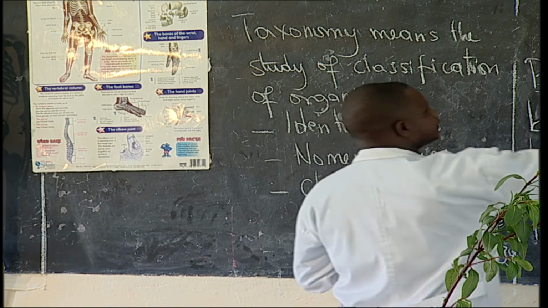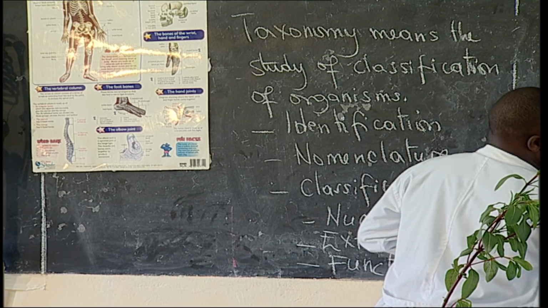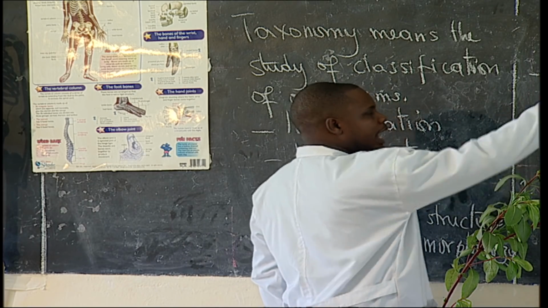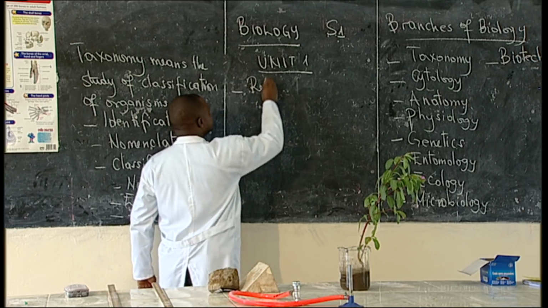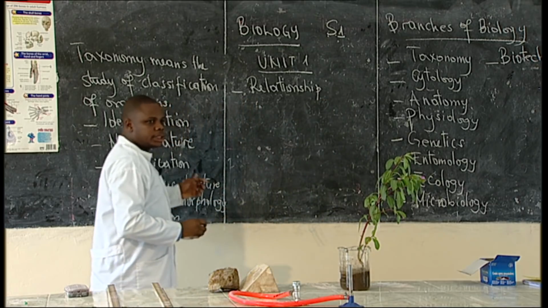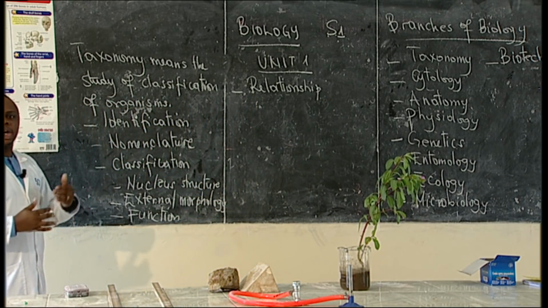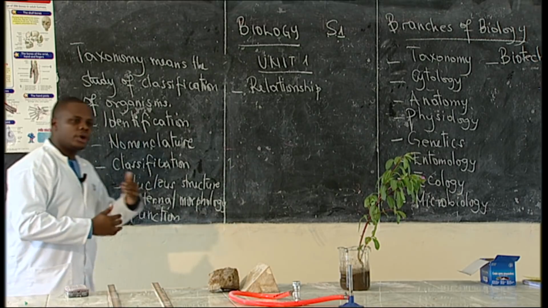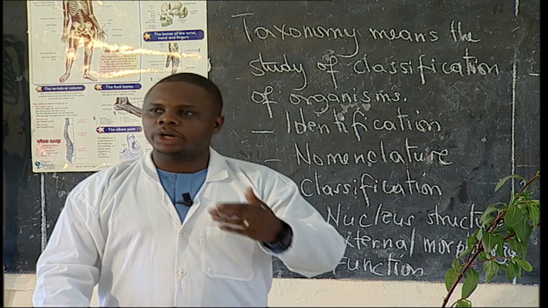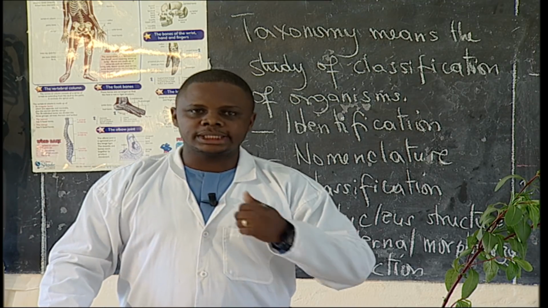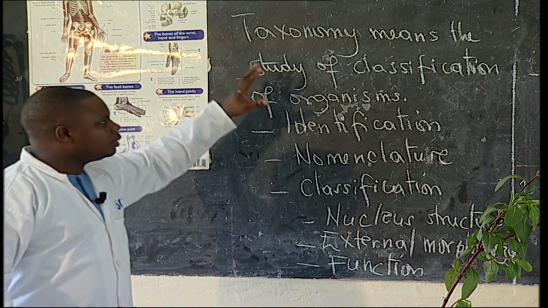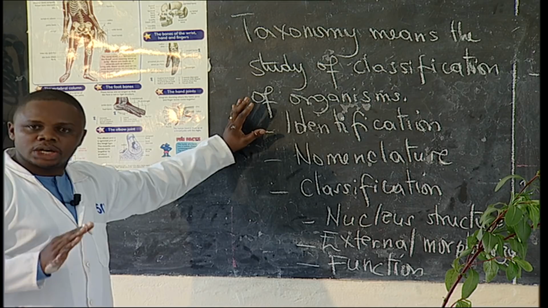After that, we can also check the relationship between this organism and other organisms. How does this organism relate with others? In terms of feeding, does it eat other organisms? Which organisms eat it? How does it protect itself? Like that. So from there, then we can be able to classify the organism.